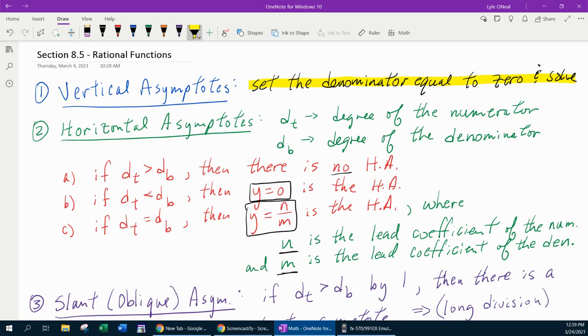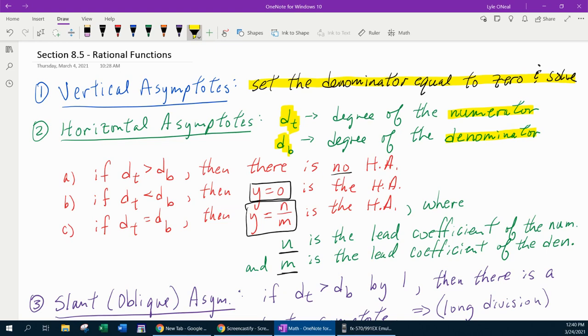So what I've done is I've made some notation. You need to know that d sub t represents the degree of the numerator, and d sub b represents the degree of the denominator.